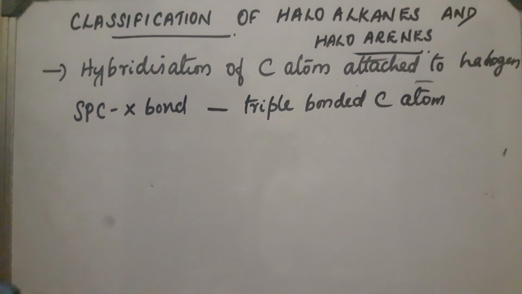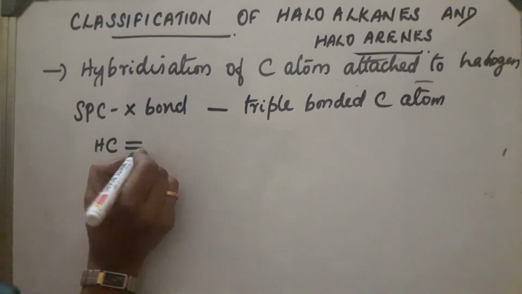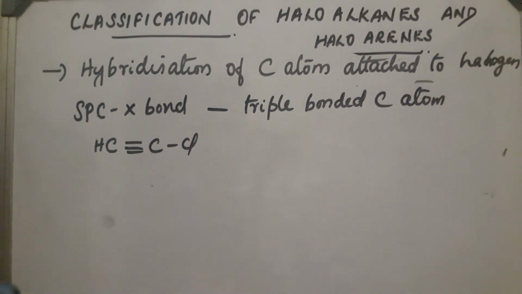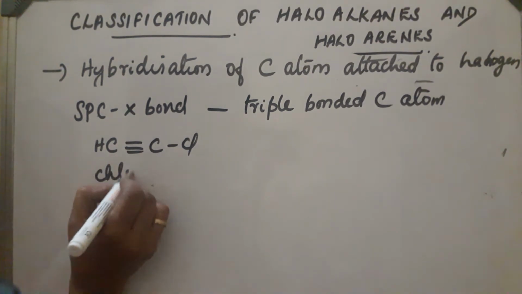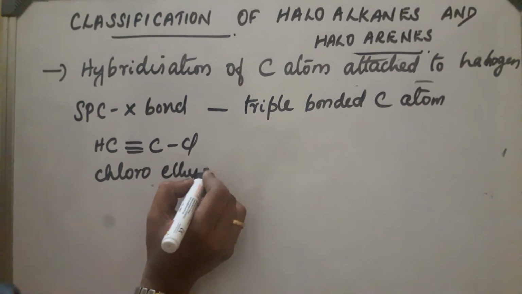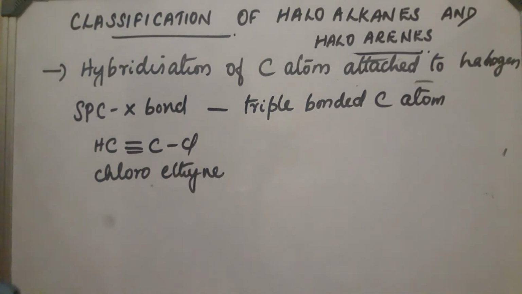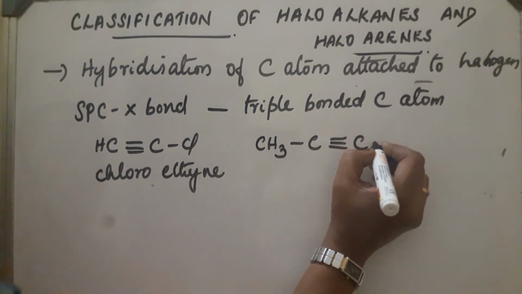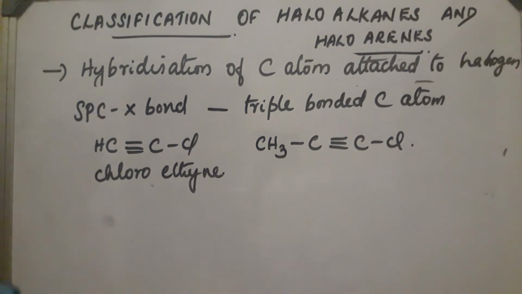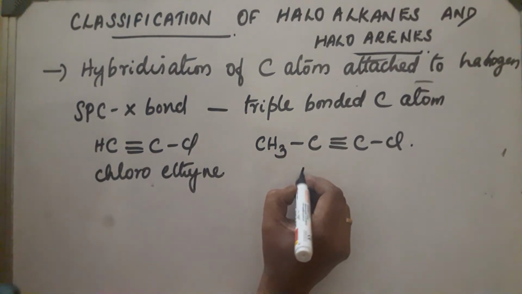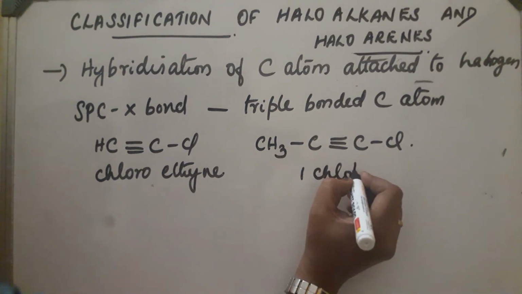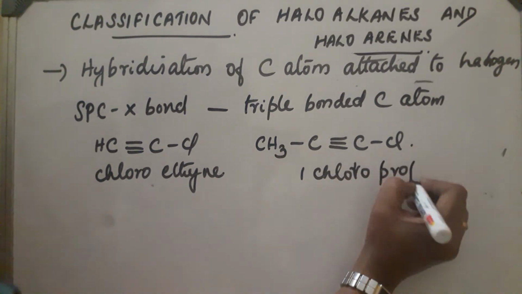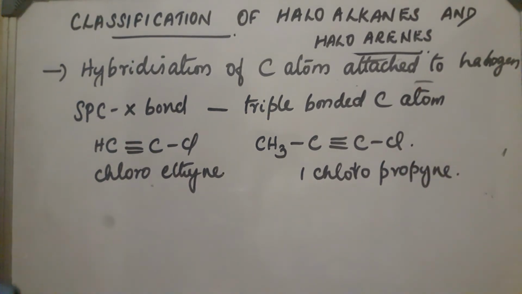Take one example, CH≡CCl. The name of the compound is chloroethyne. Next, CH3C≡CCl. This compound is 1-chloropropyne. These are the different categories depending upon the hybridization of the carbon atom attached to the halogen atom.